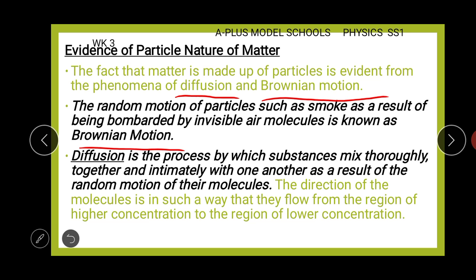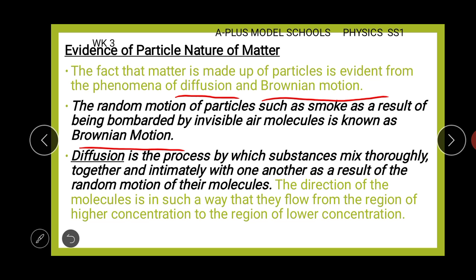And diffusion is the process by which substances mix thoroughly together and intimately with one another as a result of random motion of their molecules. The molecules move in such a way that they flow from a region of higher concentration to a region of lower concentration.